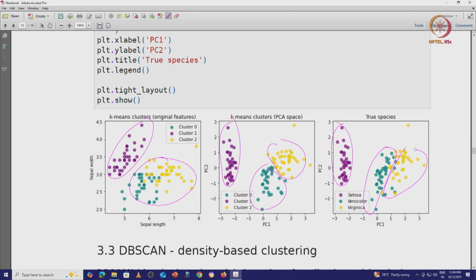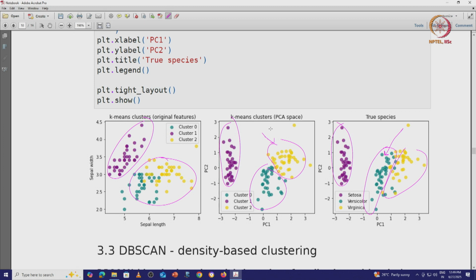You can see that these flowers here are being partitioned into the third cluster. The points here, which truly are of the versicolor type, have been put into cluster 2, which is actually having some points that should have been classified as versicolor, but by looking at it you would say that they are part of the virginica cluster.